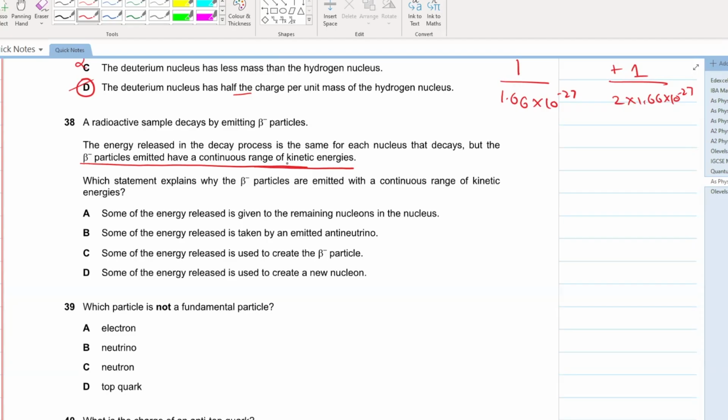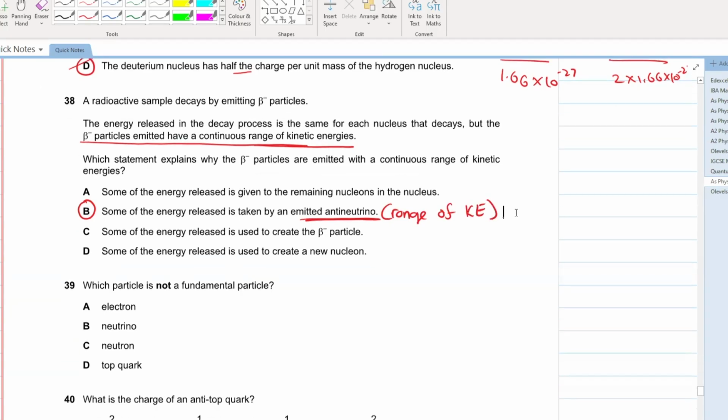Any answers here that you find suitable? B. Because antineutrinos are released, and antineutrinos also have a range of kinetic energies. So your beta particles also have a range of kinetic energies.